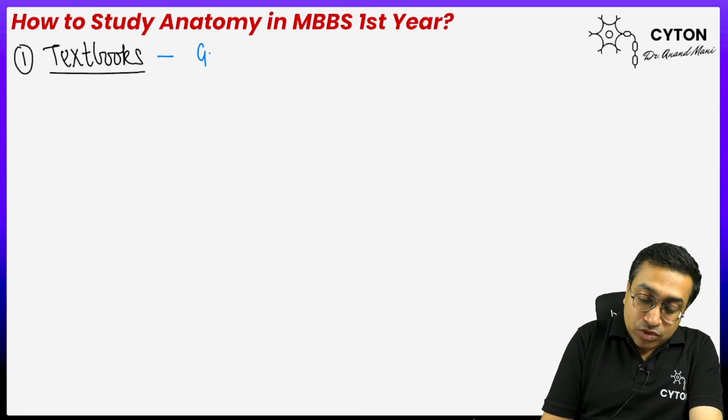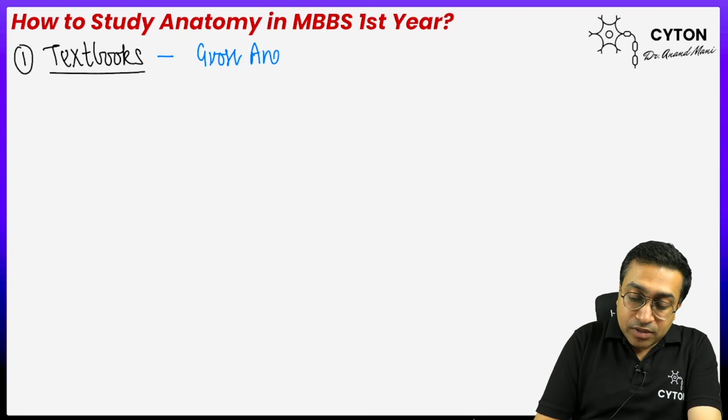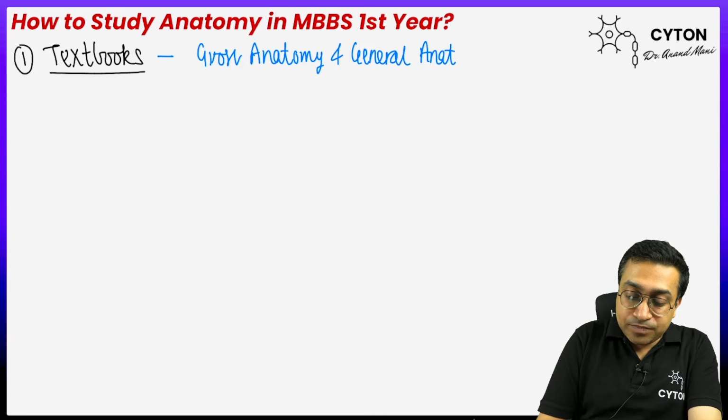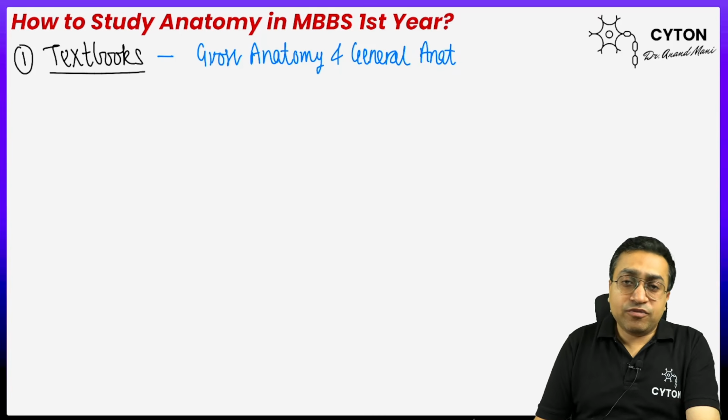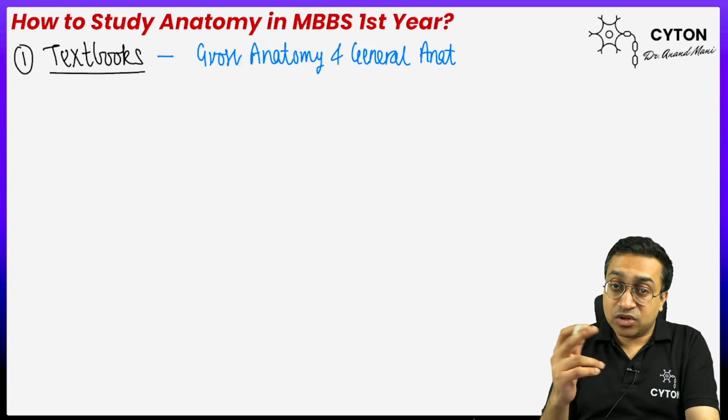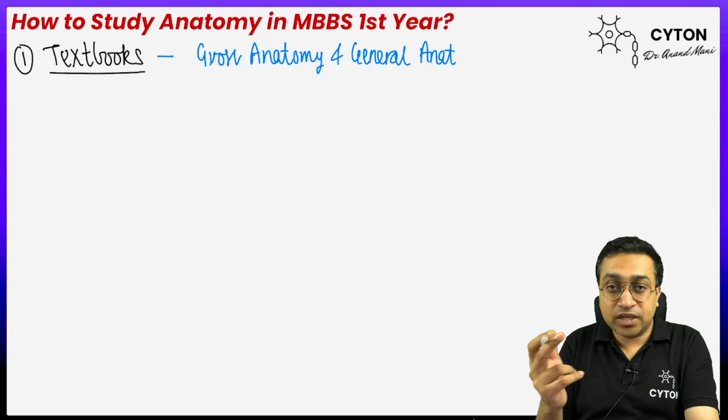One, that is gross anatomy as well as general anatomy. Okay, both. So what are the textbooks? We have Vishram Singh, BD Chaurasia, and there is another textbook, that is Yogesh Sontakke sir's textbook.